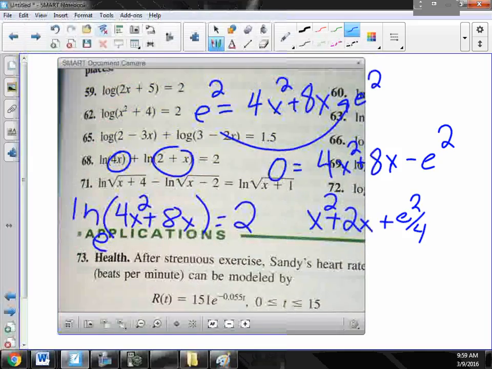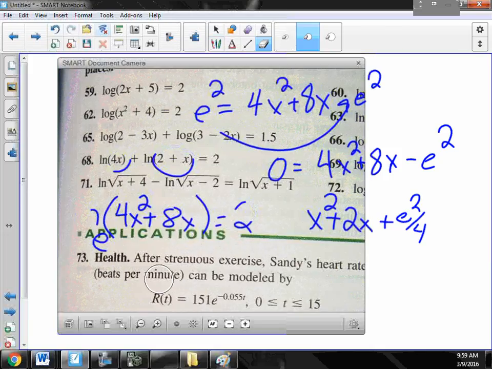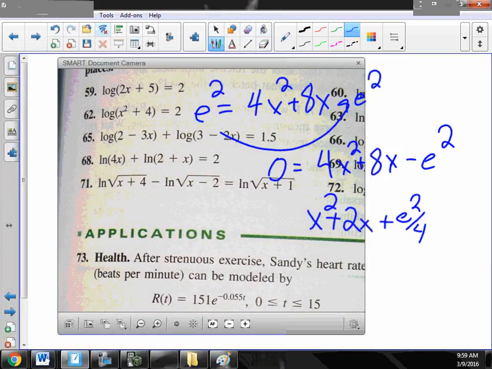Now they might do something crazy like this on the final. So your final will be partially multiple choice and then partially free response. So how would you solve that exactly? The calculator will give you a decimal approximate.